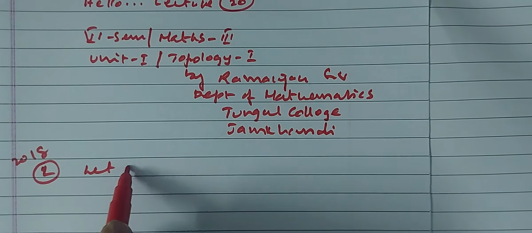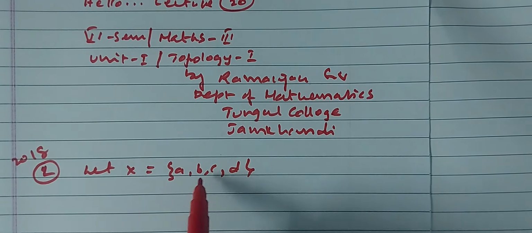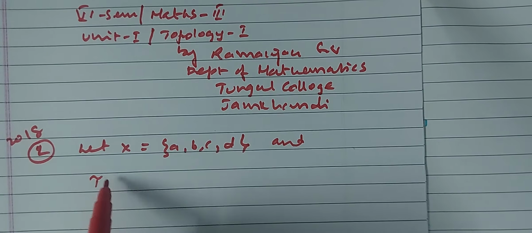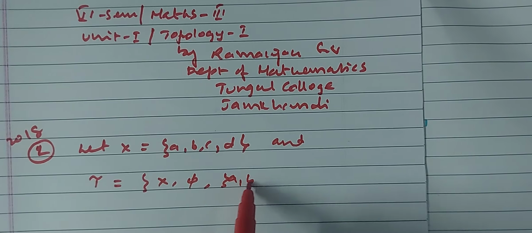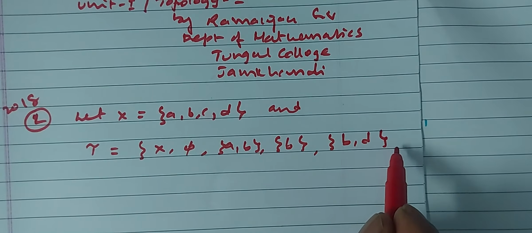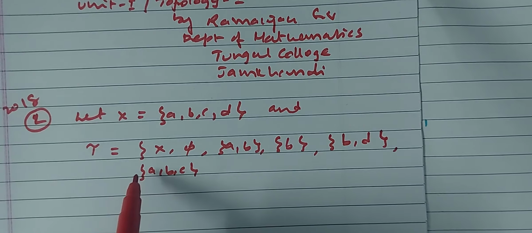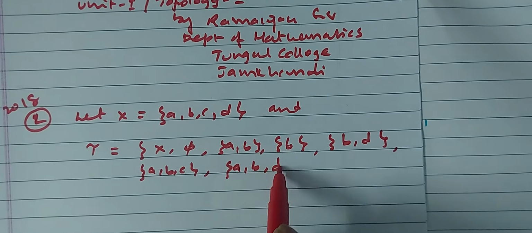The problem is, let X be the set {a, b, c, d}, and τ be the set {X, φ, {a, b}, {b}, {b, d}, {a, b, c}, {a, b, d}}.